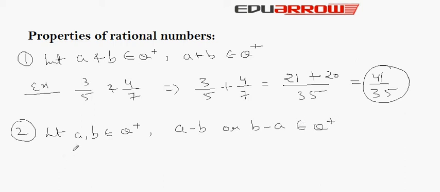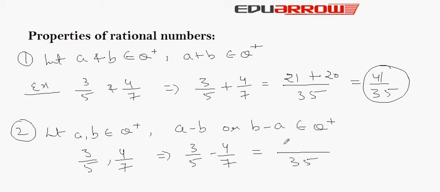Now, let us see this property by taking the same example as above. 3 by 5 and 4 by 7 are two rational numbers, then their difference 3 by 5 minus 4 by 7 is equal to 21 minus 20 over 35, it is 1 by 35, that is also a rational number.